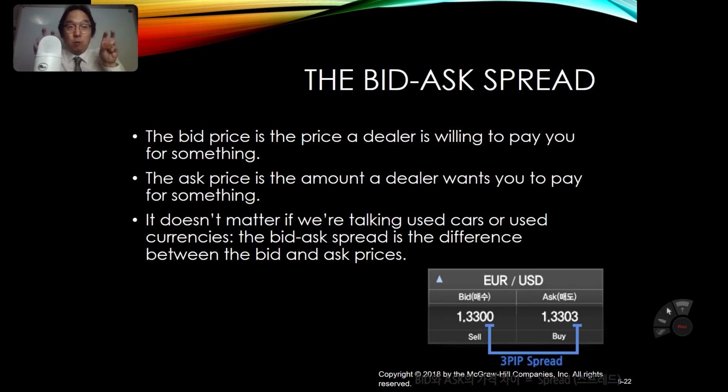We call it quoting. Why is it quote? Well, the people in the market have to listen to how the dealers want this price to be.